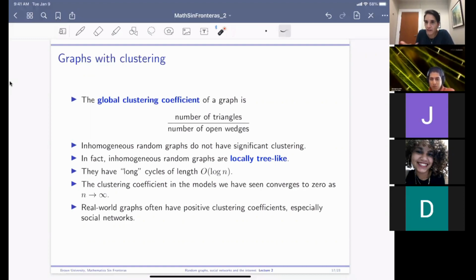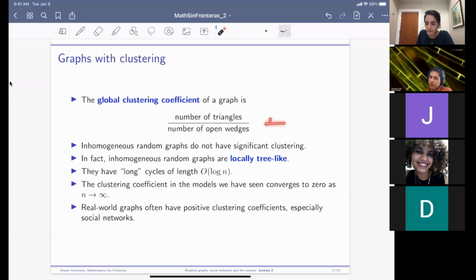One of the measures of that clustering, and there are many, the one I'm going to refer to here, is called the global clustering coefficient, which is precisely what I said: the ratio of the number of triangles divided by the number of triplets that are not forming a triangle. For each triplet that I pick in the graph, how many of those are complete versus how many of those only have 2 edges.